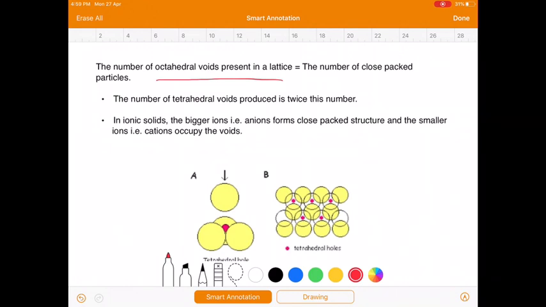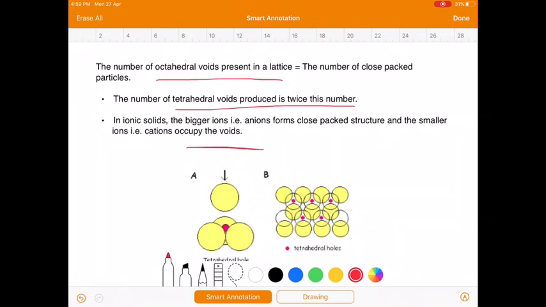That is, if say 1,000,000 particles form the close packing, then the number of octahedral voids present in the lattice will be equal to 1,000,000. Then the number of tetrahedral voids produced is twice this number. So the number of tetrahedral voids where 1,000,000 particles form the close packing will be equal to 2,000,000.